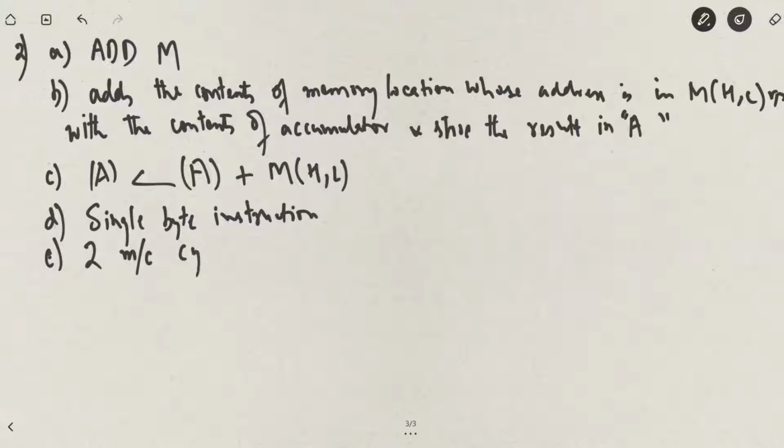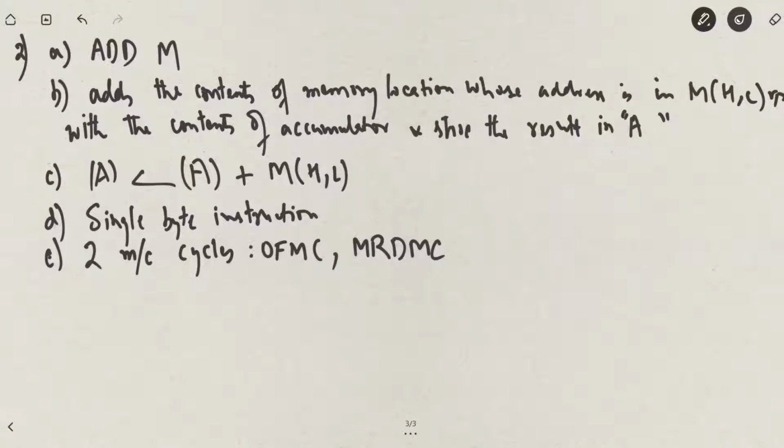As far as the machine cycles go, there are 2 machine cycles. You have the opcode fetch machine cycle and you have the memory read machine cycle. Once you fetch the address from the HL register pair, then you have to go to that address and read whatever data is at that memory location.